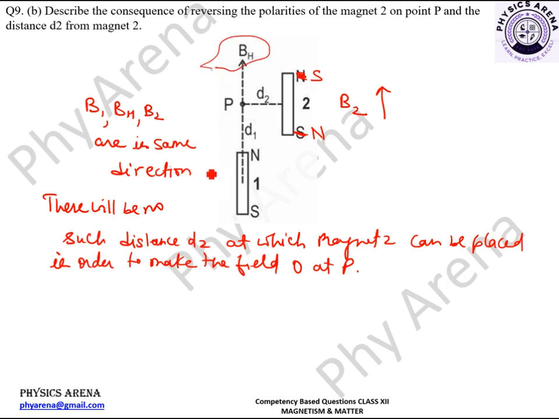So that's why we cannot change the polarity to make the field 0 at point P.